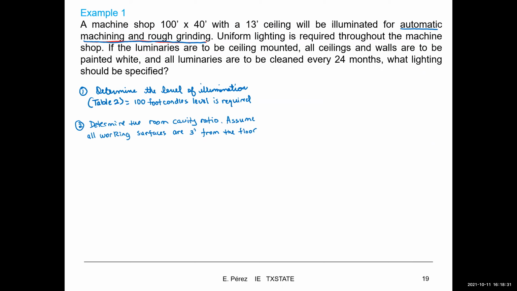So RCR is equal to 5, which is part of the equation, times 13 feet, which is the ceiling height minus the height for the working stations, times 100 feet plus 40 feet, divided by 100 feet times 40 feet.